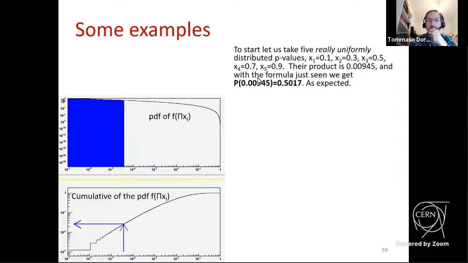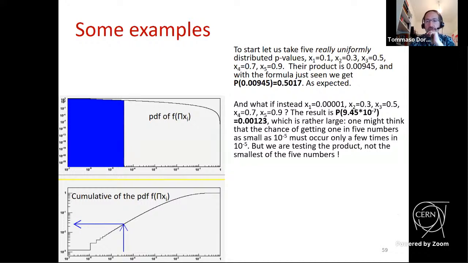And using the formula, you get the p-value of this combination, of this product, and that's 50%. So the p-value of this combination using that product test statistic is 50%. So it feels good that you are getting a non-controversial answer, right? A number which is very common. Well, as any other number between 0 and 1.